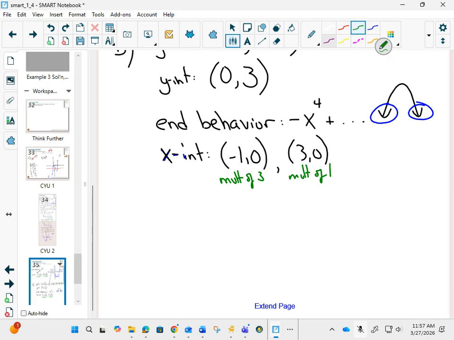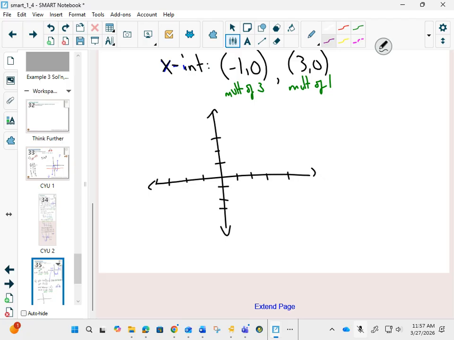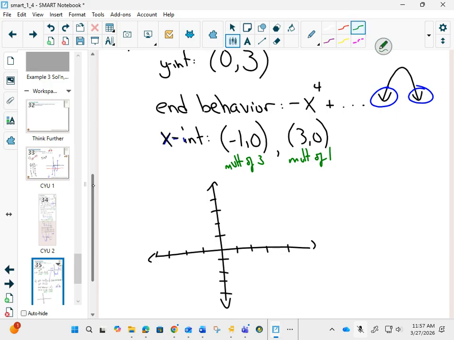So when I go to graph this, where's my y-intercept? My y-intercept at 0, 3. Label that point.